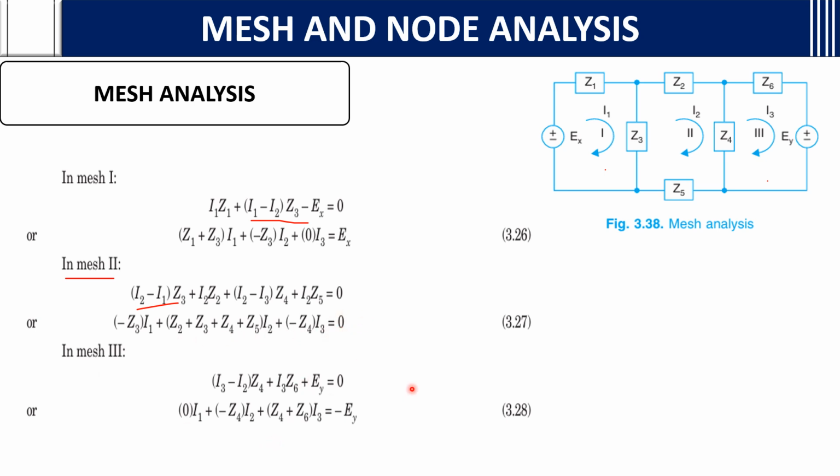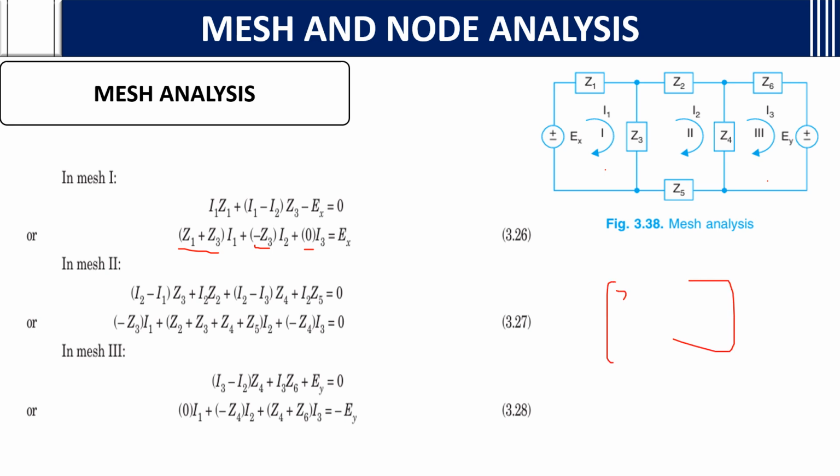Then for mesh 3, we need to consider the same way. After considering these 3 equations, mesh 1, mesh 2, mesh 3, what we need to do? If you see, this is 1, this is 1, this is 1. We can write a matrix form, no? How?